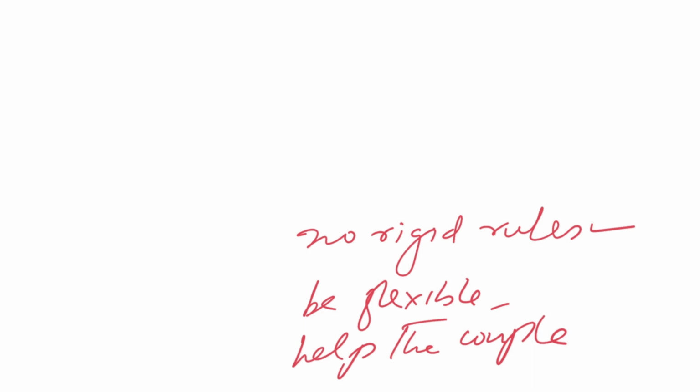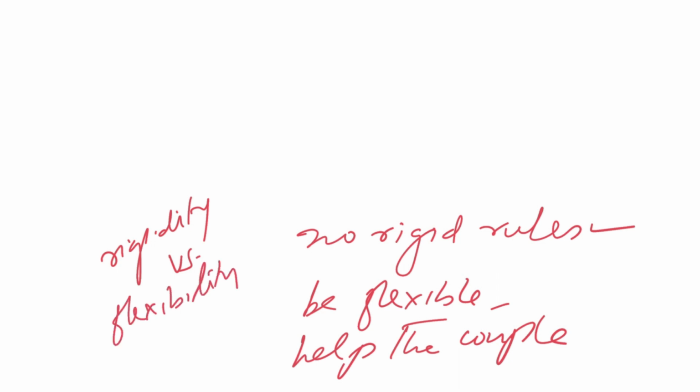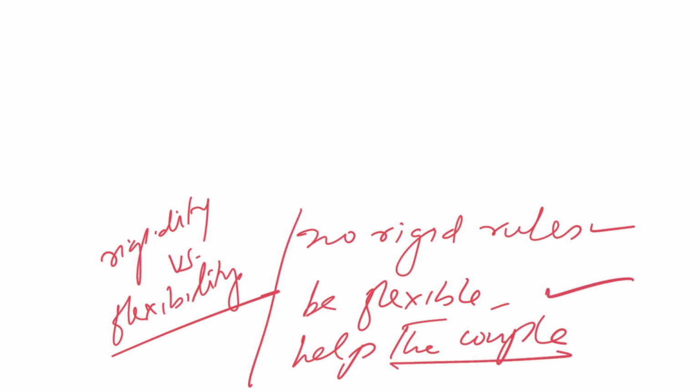They take it as an ethical issue of rigidity versus flexibility, so they tend to write: help the couple. Are they right? Yes, they are right, I think so. This is what UPSC expects also.